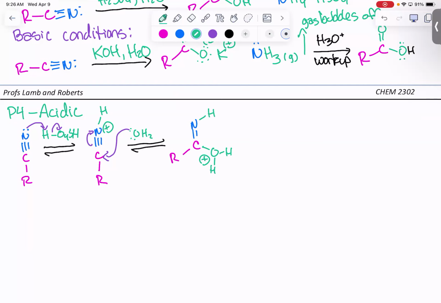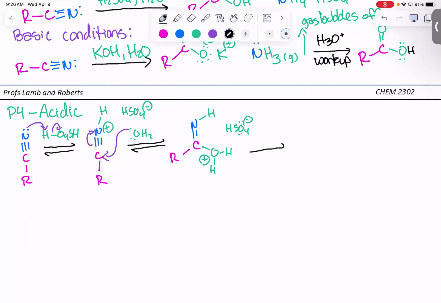And we haven't done anything with our water to deprotonate it yet. I forgot to carry through our HSO4 minus counterion in the last one, so let's go ahead and carry that through. And we'll go ahead and carry it through here. Our HSO4 minus is along for the ride here.